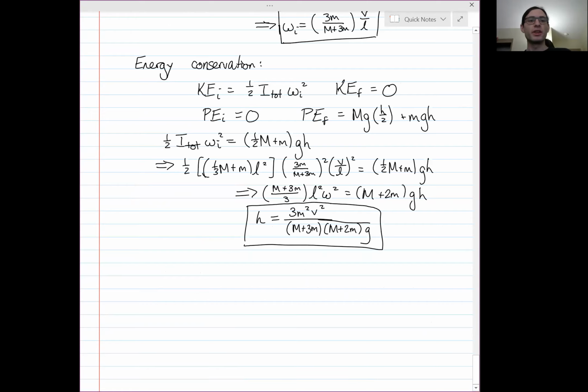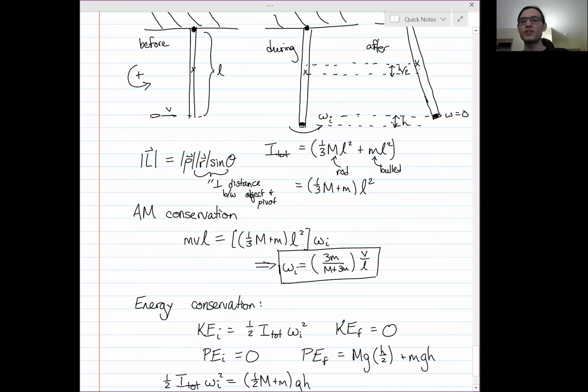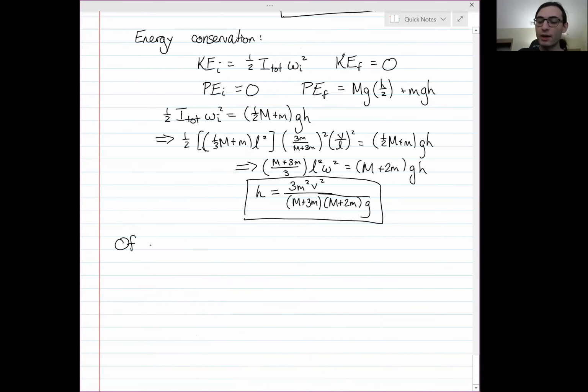The whole point of this exercise is that it shows what things you can use when you're dealing with collisions that are not necessarily on center. So we can now talk about off-center collisions, and again, there's a homework problem like one of these.